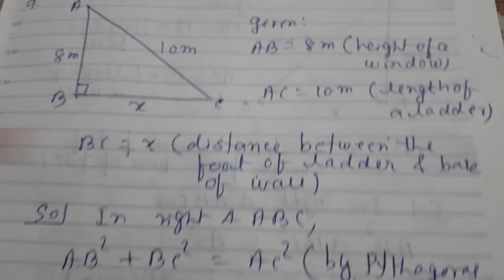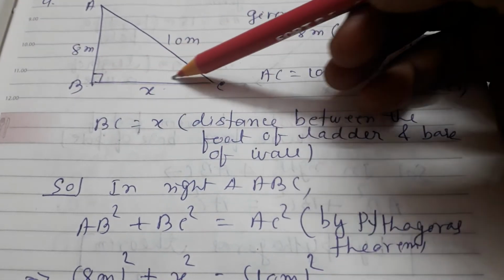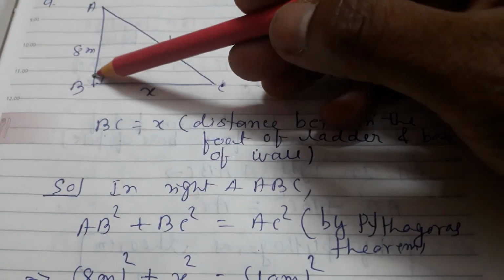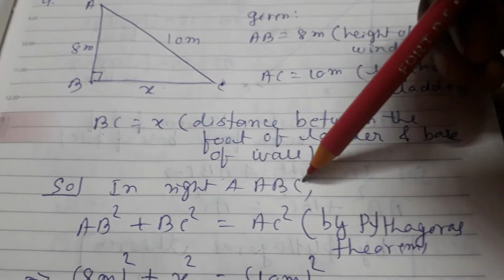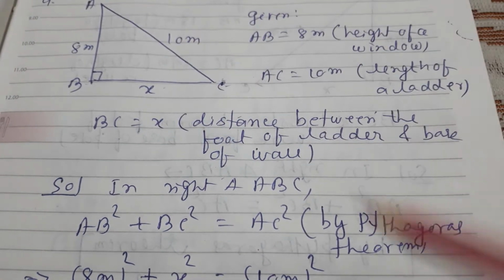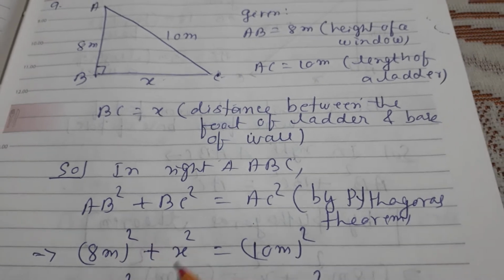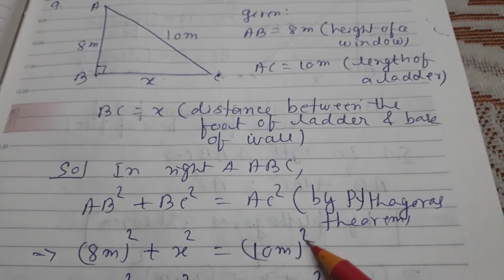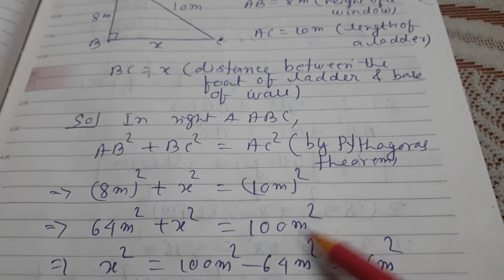Now listen, AB is the height of a window and this is the ground, so it makes an angle of 90 degrees here. In right triangle ABC, AB square plus BC square equals AC square by Pythagoras theorem. So it is 8 meter square plus x square equals 10 meter square. 64 meter square plus x square equals 100 meter square.